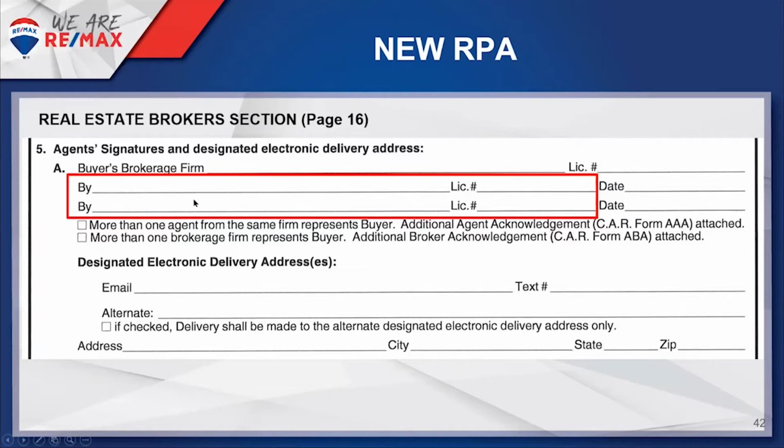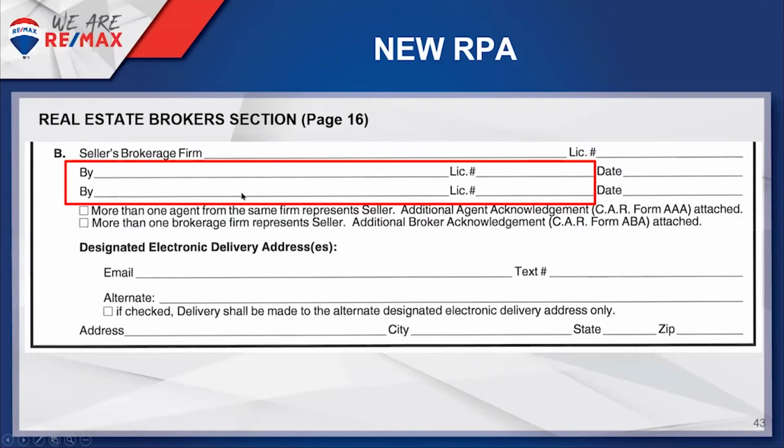So those are authorized agents. So back to acceptance, when the authorized agent receives the executed document, not the agent, because the agent would be anybody in the brokerage, but the authorized agent would be the agent working with the specific principal. And same with the seller's brokerage firm. They're named. You'll see that on page 16, real estate broker sections, they're named. Okay.